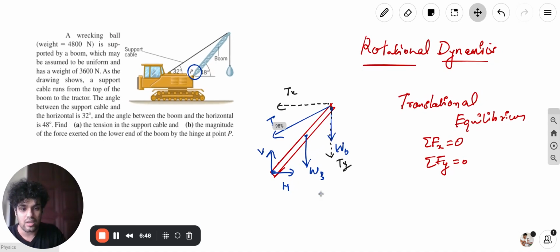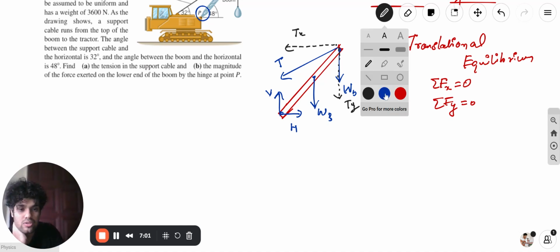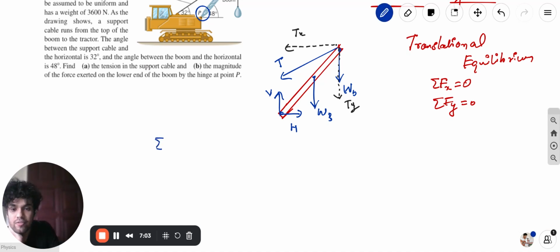Right. Now we can just write down our equation. So how would that look like? Let's see. So we have two forces going in the horizontal direction. So I can write net force acting in the x direction is equal to zero, which implies that Tx should be equal to the horizontal force.